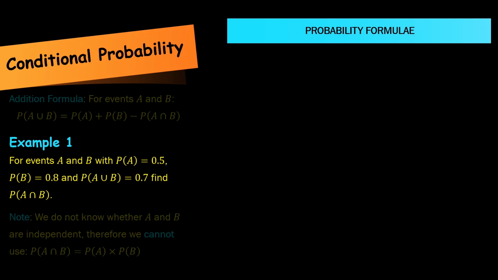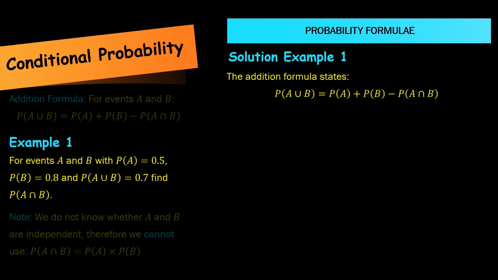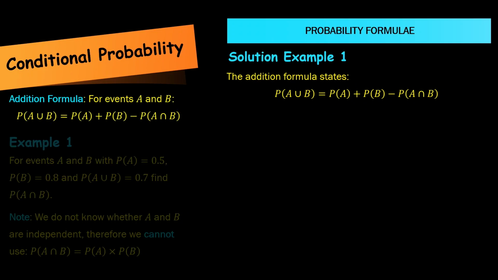So let's solve this. Notice that the addition formula states probability of A union B equals probability of A plus probability of B minus probability of A intersect B. So let's plug in all the values.